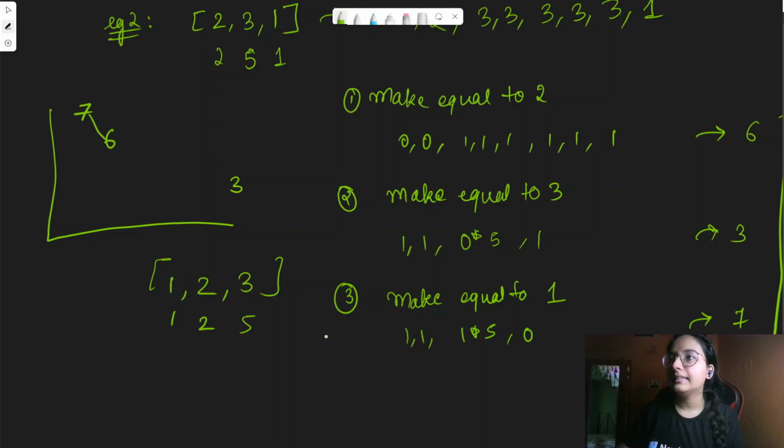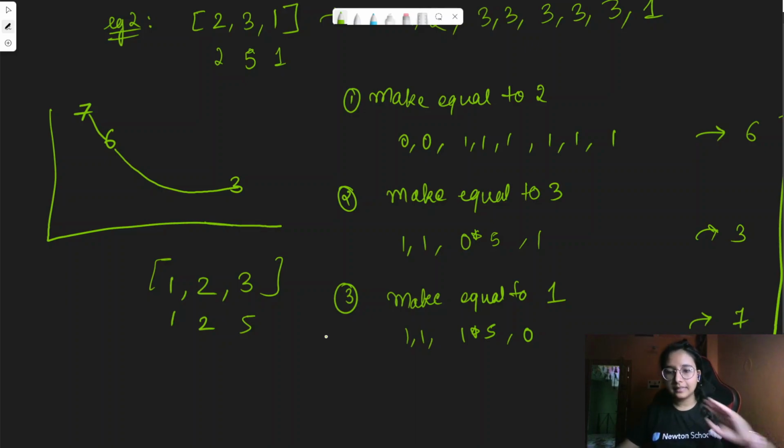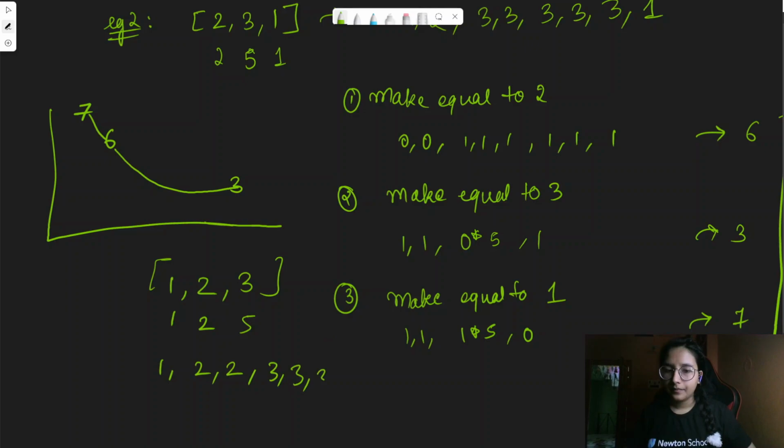So here we can easily check that when the number is as per the count, right? So as per the count when the number is in the middle. So here if you see 3, 3, right? So which one is the middle?